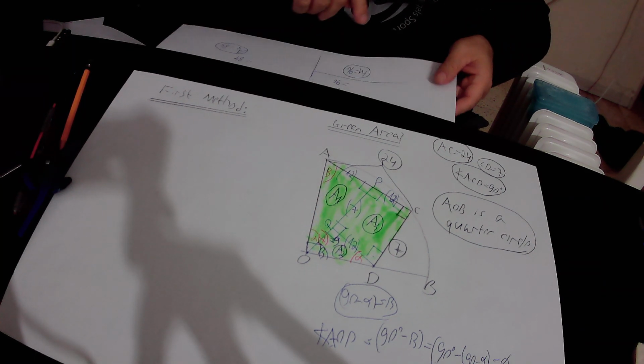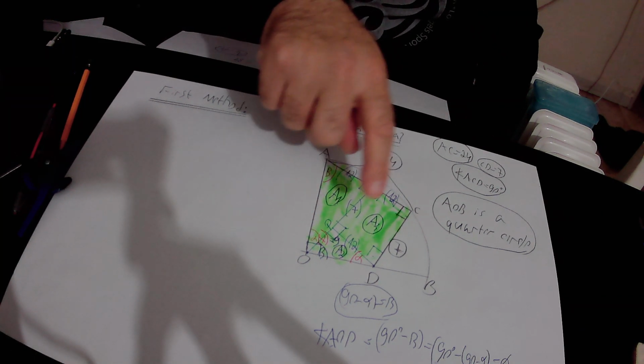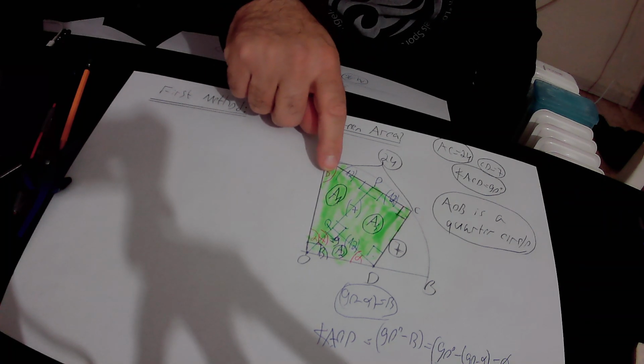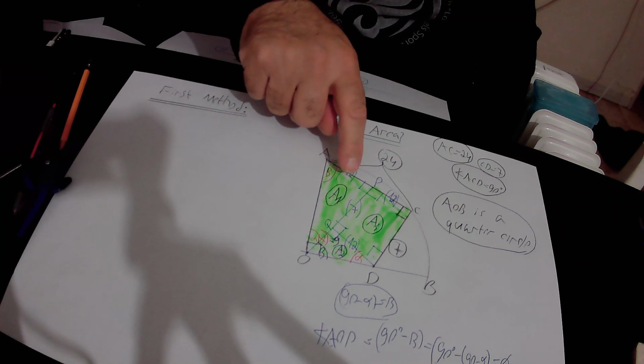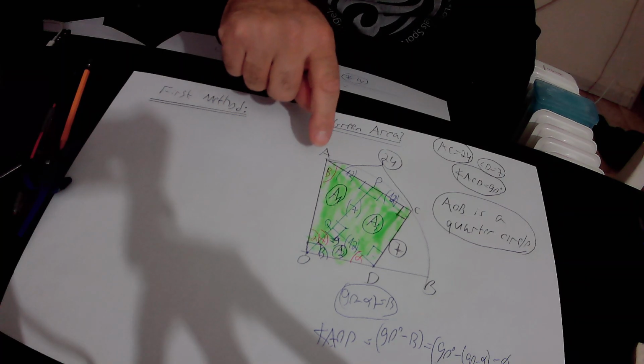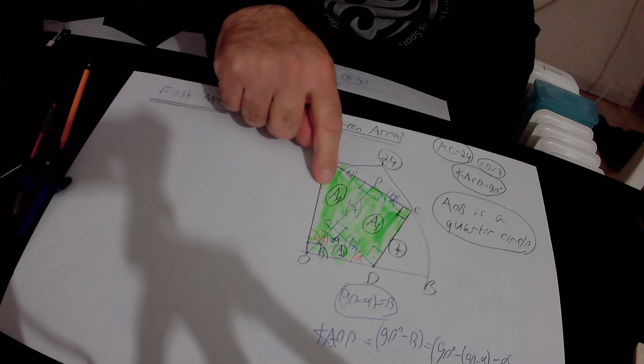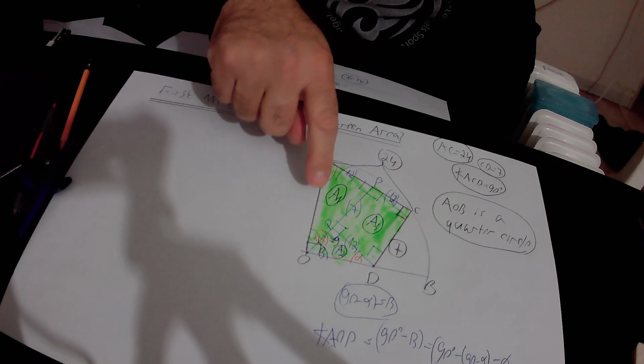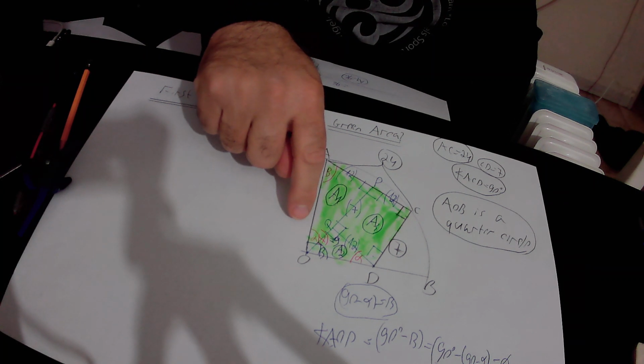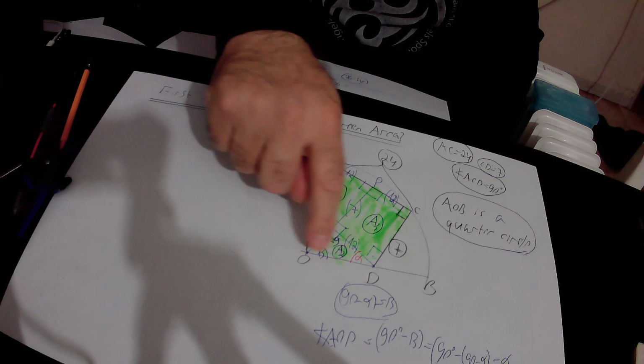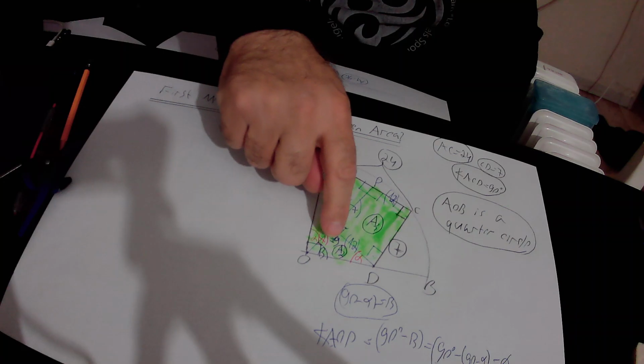Then we divided the area of the green shape into 3 parts. The first part is the area of the right triangle APO, which we defined as A1. The second part is the area of the right triangle QOD that we defined as A2.